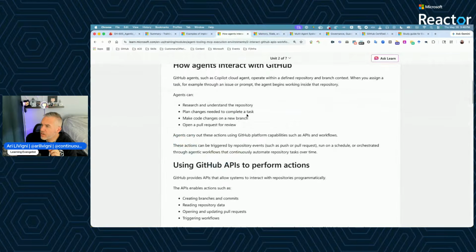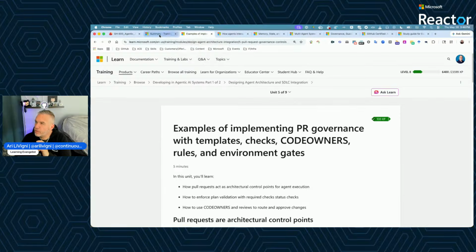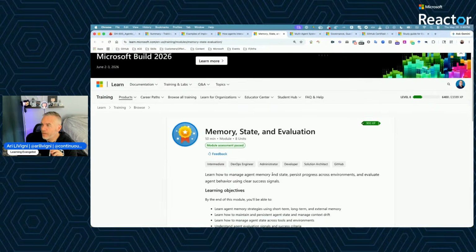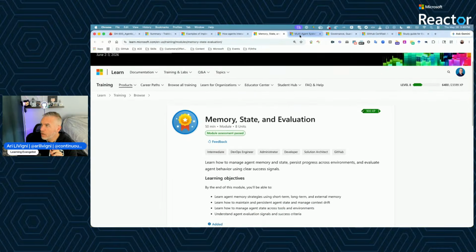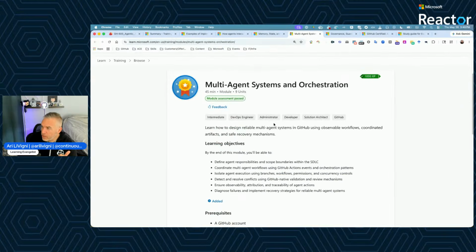I'm surprised that it doesn't say that here. I know this says part 1 of 2 here for these 3. So that's developing agentic AI systems, part 1 of 2. Domain 2 gets a little bit confusing there. It is the memory, state, and evaluation. Then we have the multi-agent systems and orchestration.